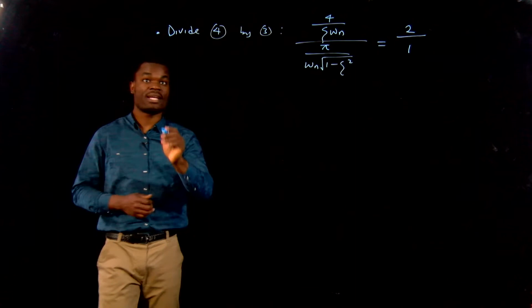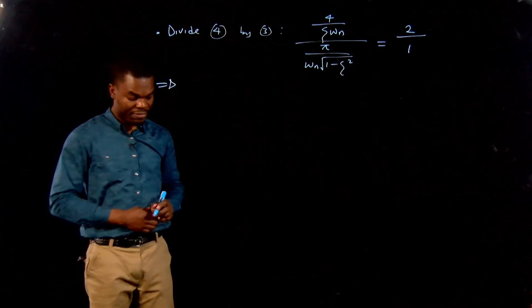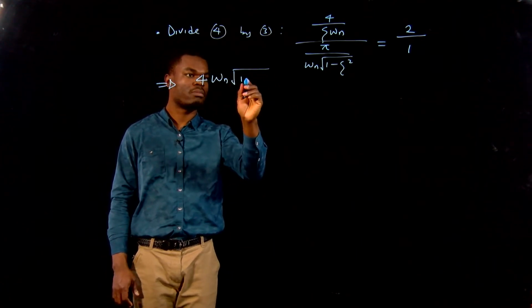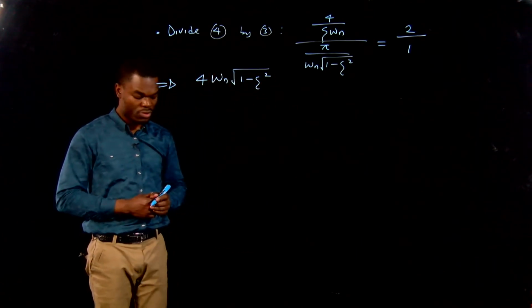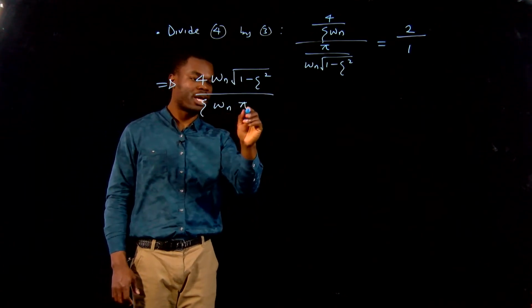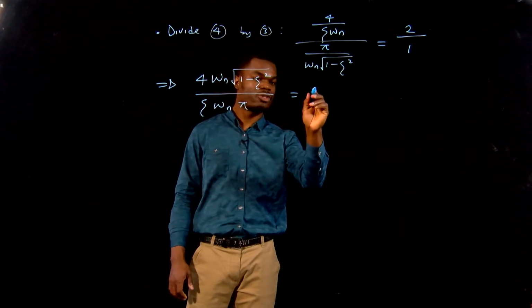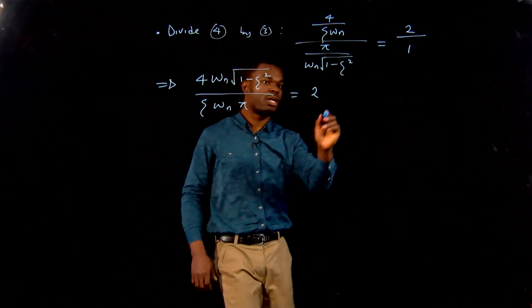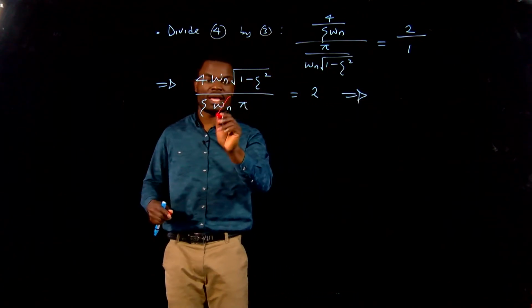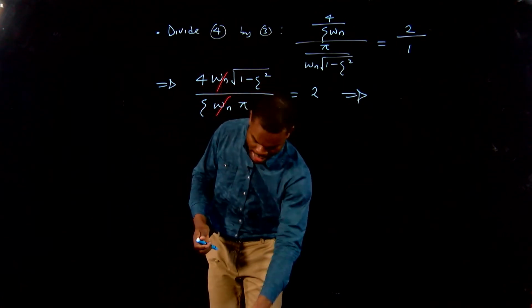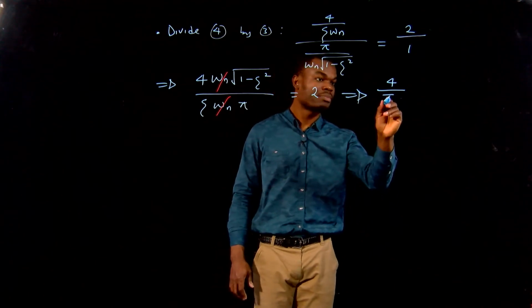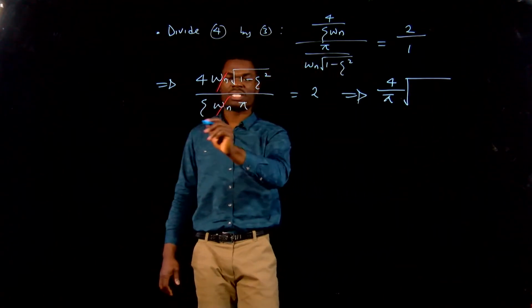If we simplify that, we should have 4 omega n times the square root of 1 minus zeta squared, all over zeta omega n pi. And of course, 2 divided by 1 is equal to 2. So as we can see, omega n cancels out omega n, and we are left with 4 over pi. Then we can move zeta into the square root.